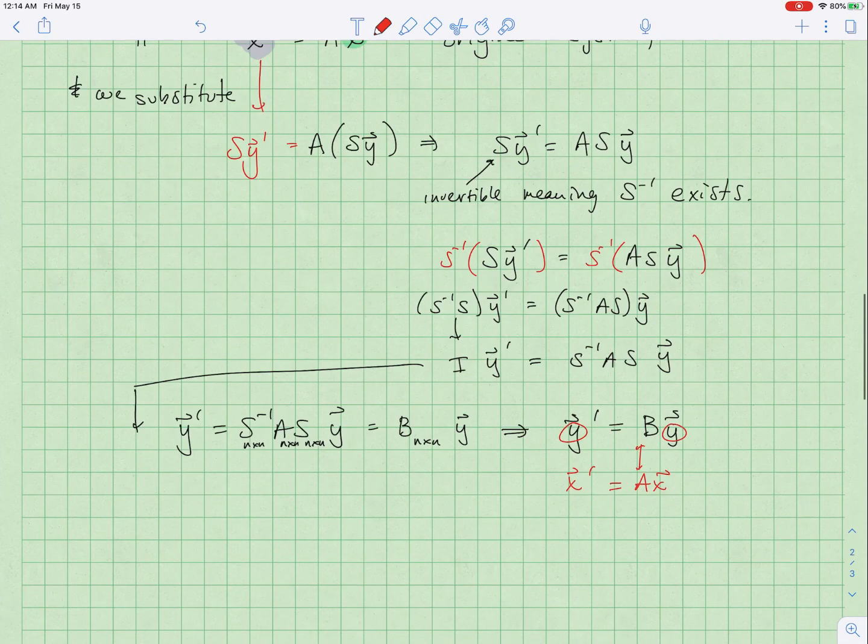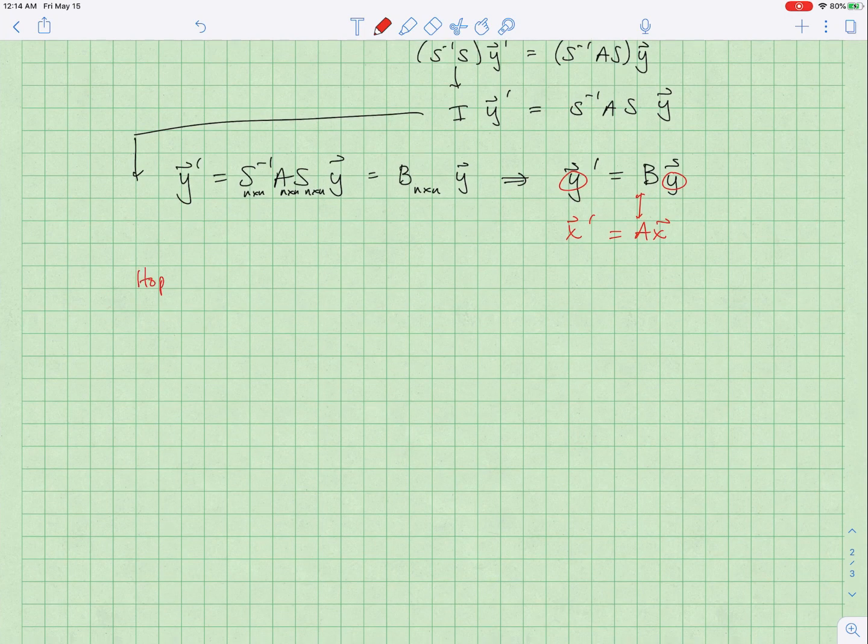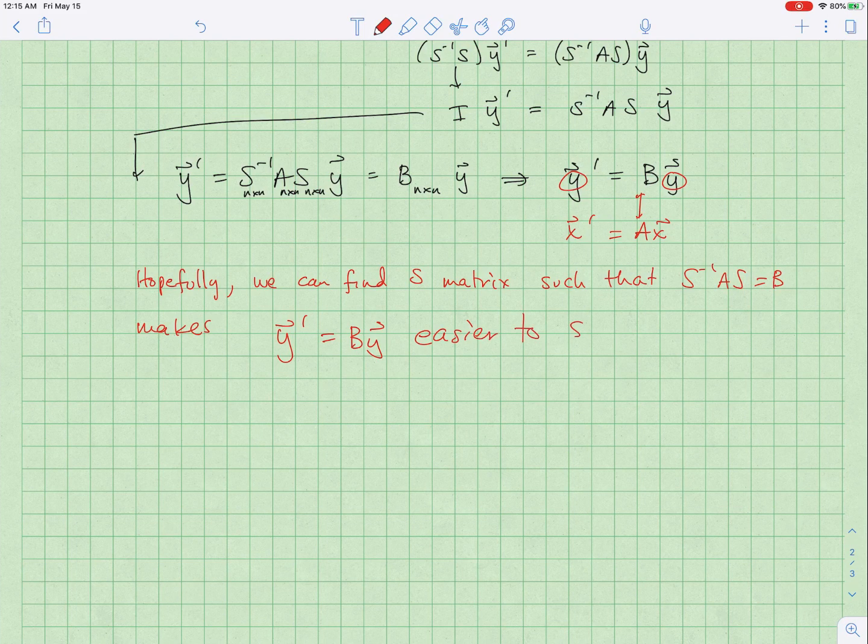And so the question then is, hopefully we can find an S matrix such that S inverse A S equal to the B matrix makes y prime equal to B y easier to solve than x prime equal to A x, right? That's the whole point of substitution. We're doing this trade out.